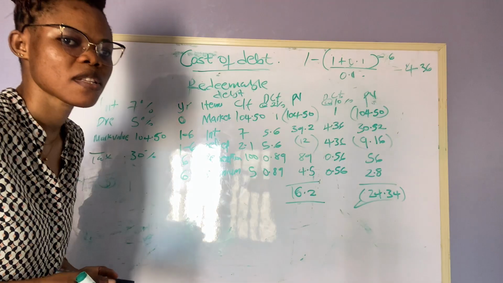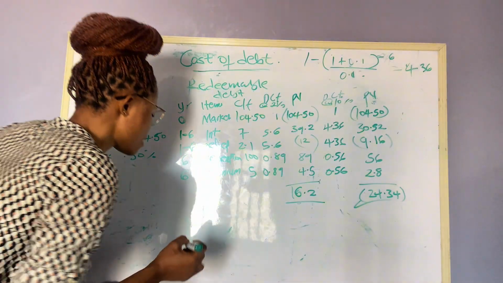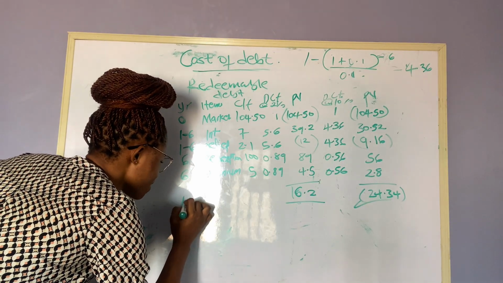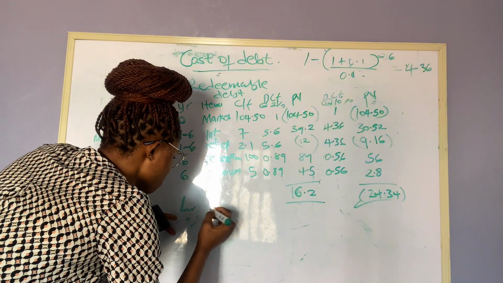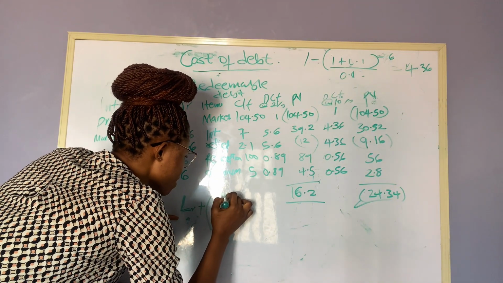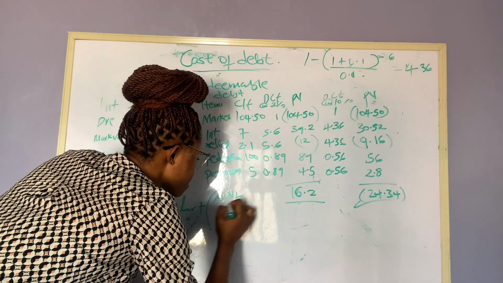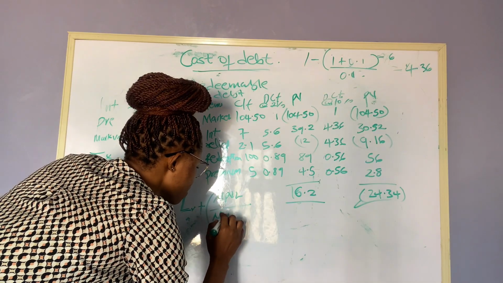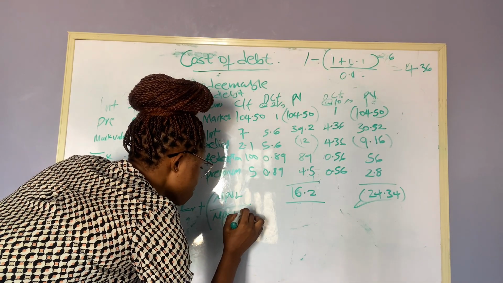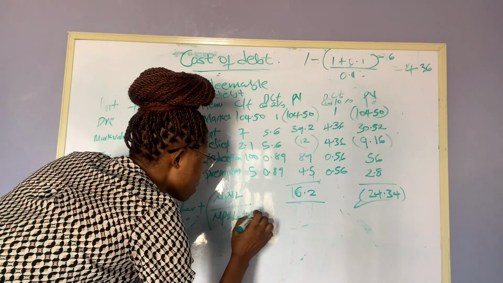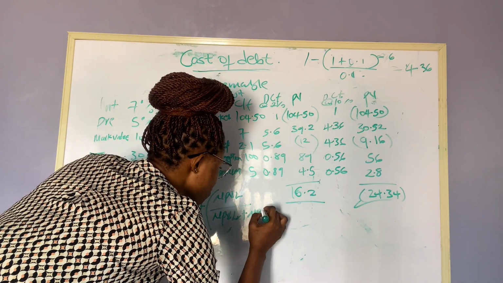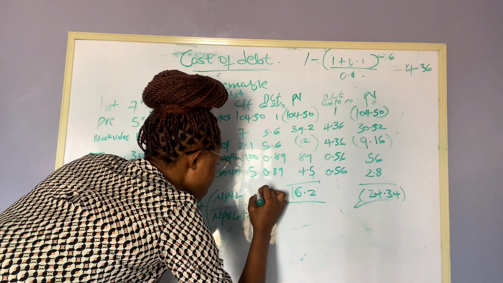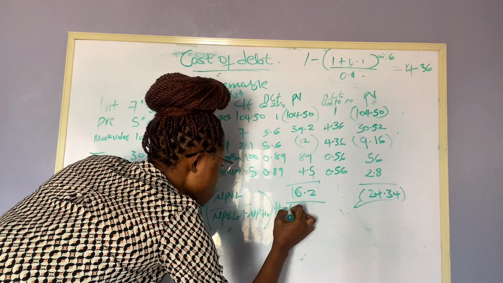Now the next thing we are going to do, we use our normal existing table, which is the interest at lower rate plus NPV at lower rate all over NPV at lower rate plus NPV at higher rate, then higher rate minus lower rate.